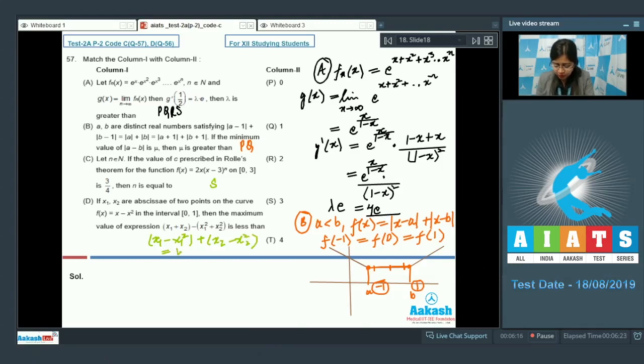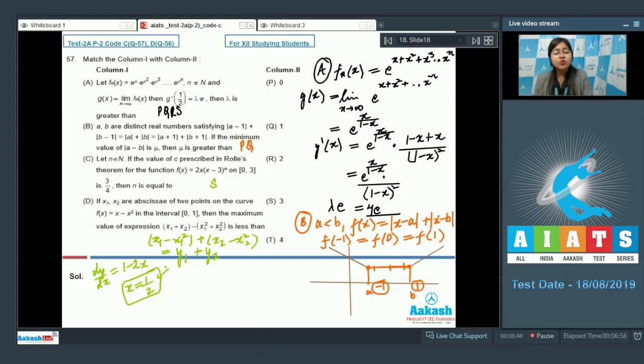That is equal to y1 plus y2. Now we have to find the maximum value of y. Now y is equal to x minus x square, so dy by dx will be equal to 1 minus 2x, and dy by dx is equal to 0 at x equal to half.